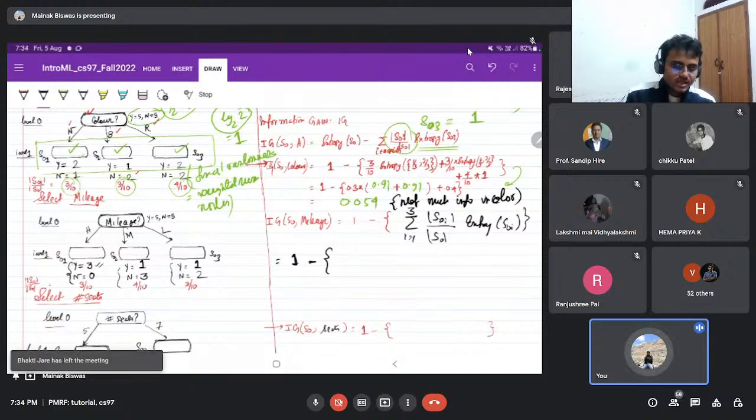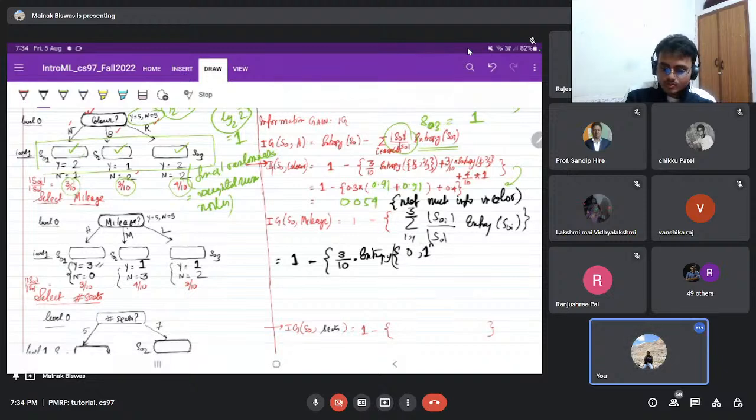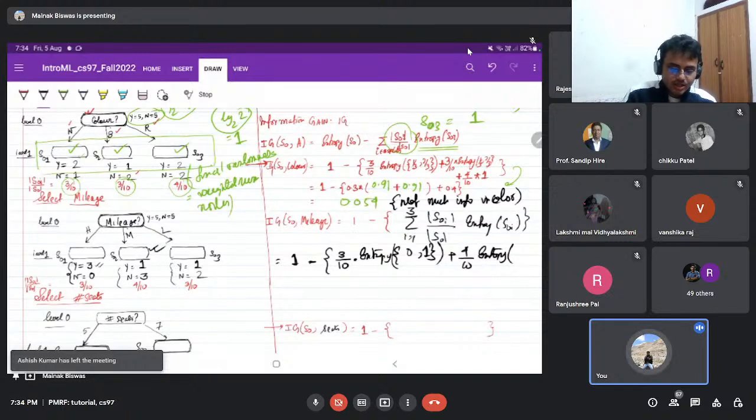So in the first case, S01, what do you see? 3 out of 10 are in this case, and you have an entropy of the binomial distribution of 0 by 3 and 1, that is 0, 1. Then you have 4 by 10 and an entropy of 1 by 4 and 3 by 4.